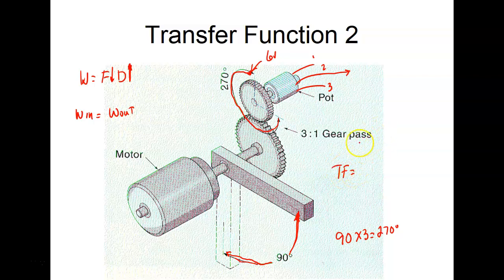Transfer function would be what? Well, we get out at what? What's that? Millivolts per degree. So what did I say? What angle did I say? Did I say 45?